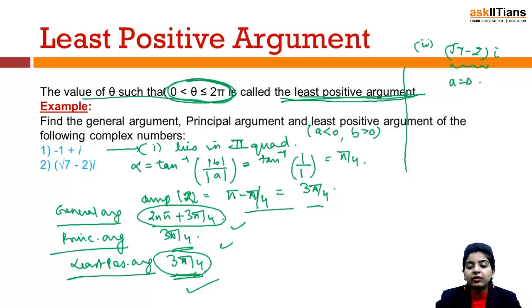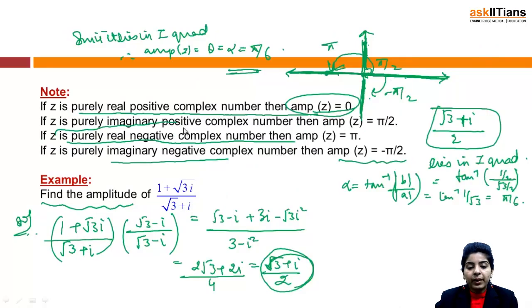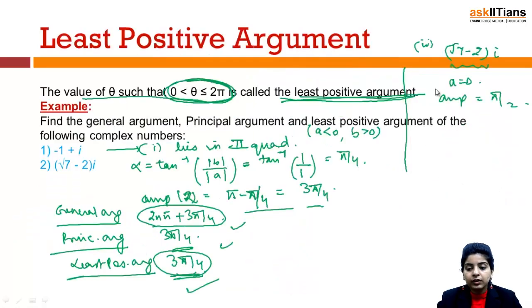So since it is purely imaginary, my amplitude is simply pi by 2. If you remember, we have just now discussed the purely imaginary positive complex number, so the amplitude is pi by 2.